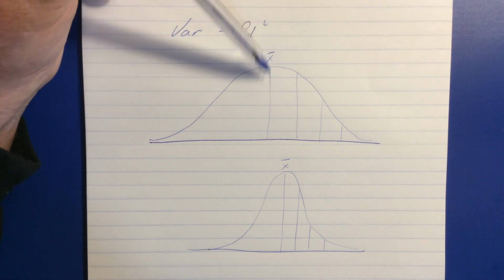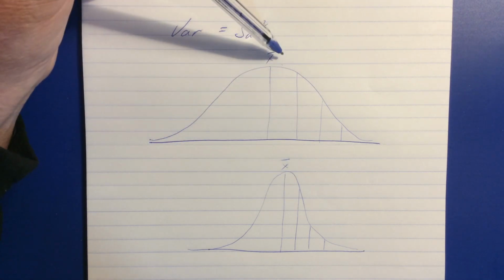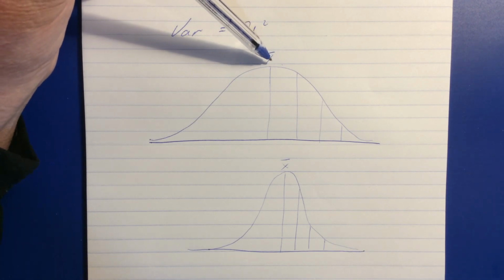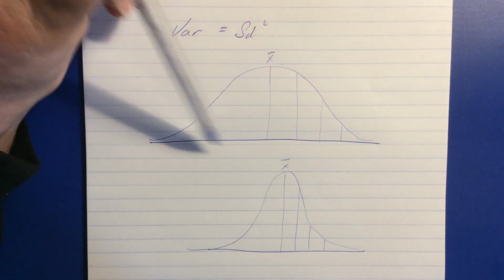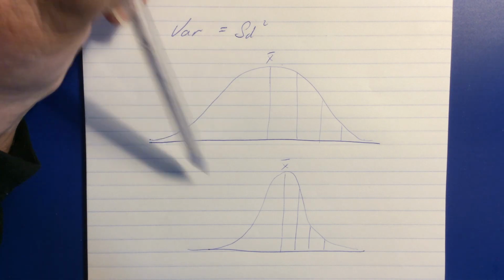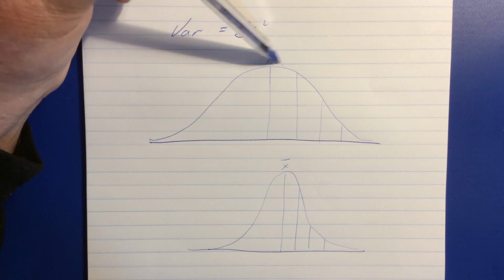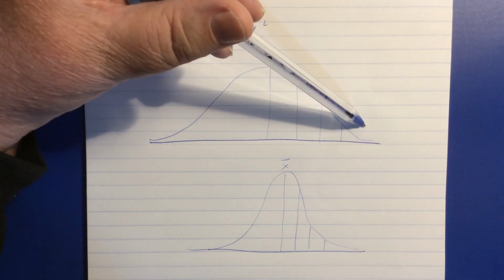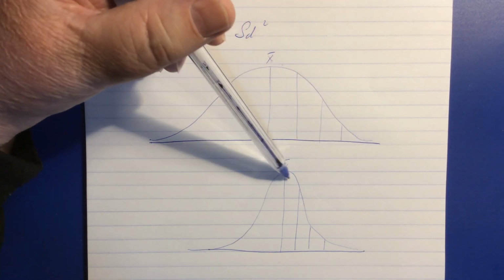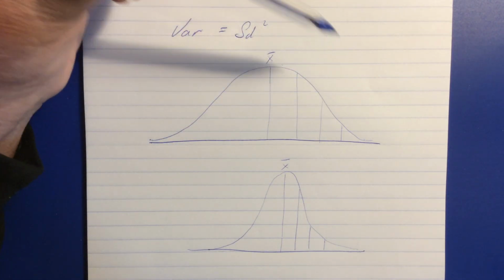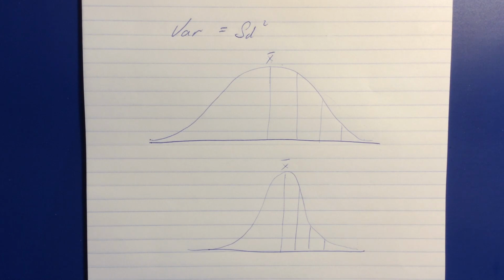So if we look at these two approximate bell curves that I've drawn, you can see that this bell curve here has a much larger range than this one. And so the variance, the variability about the mean of this data, will be greater than this. So it is a measure of variability.